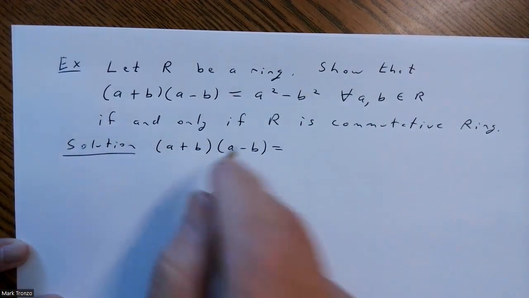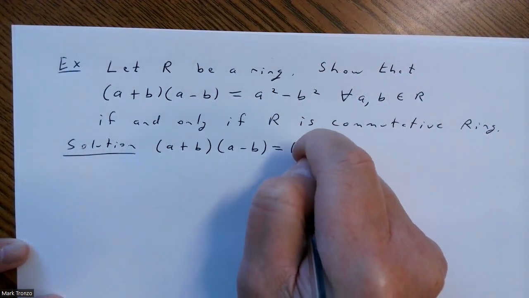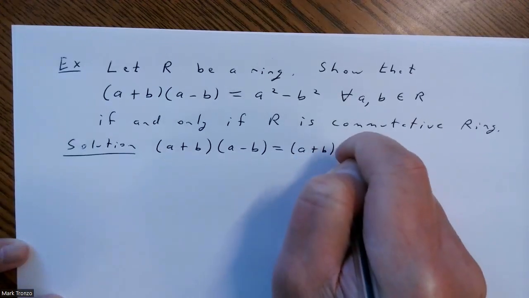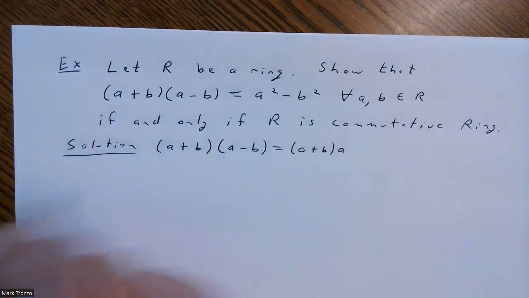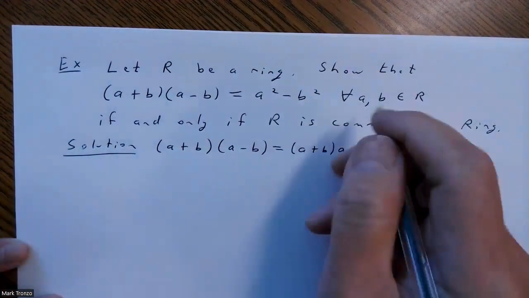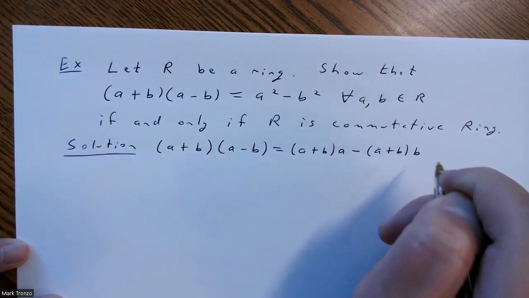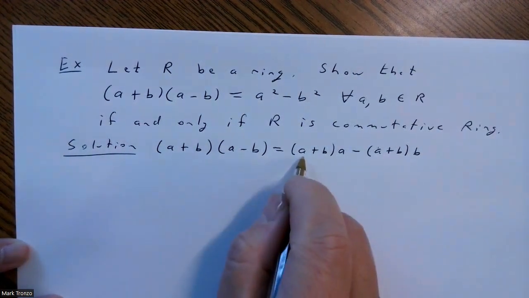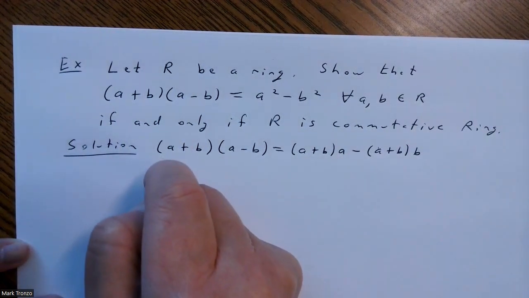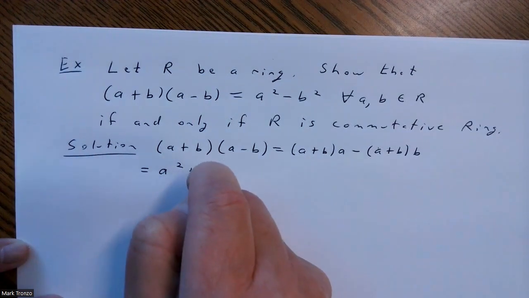If we distribute this, we can say this is going to be (A plus B) times A, and then you could bring the minus out front, (A plus B) times B. And then distribute the A's, that'd be A squared plus BA.